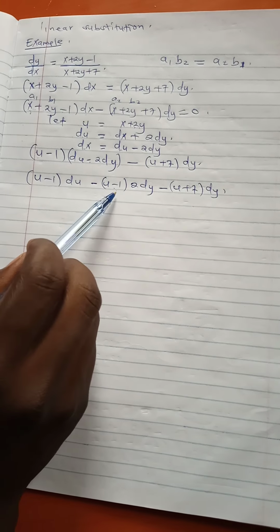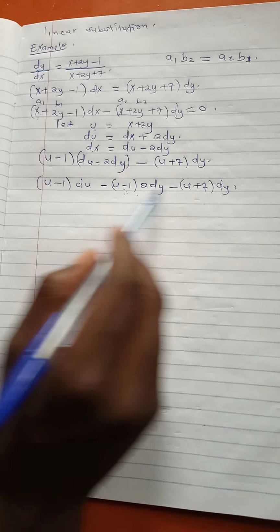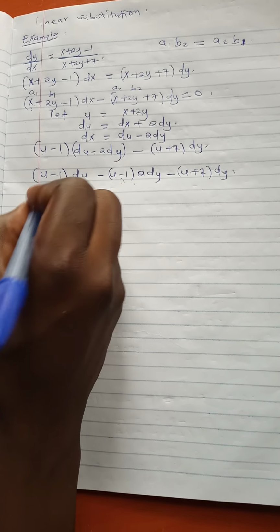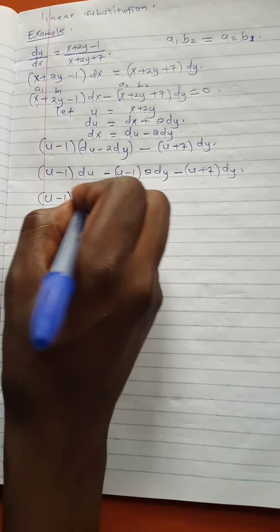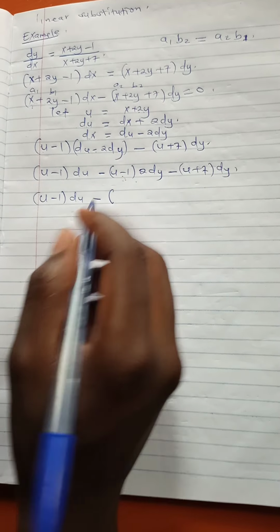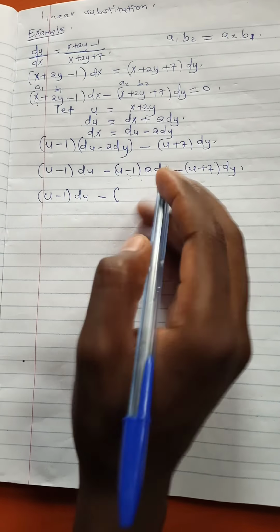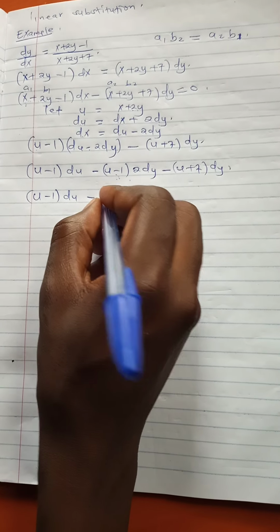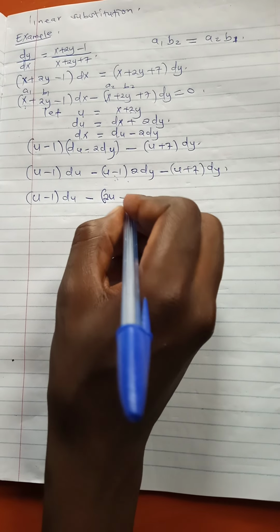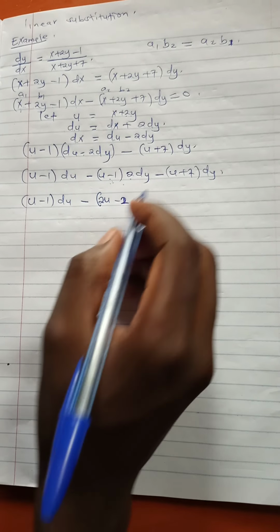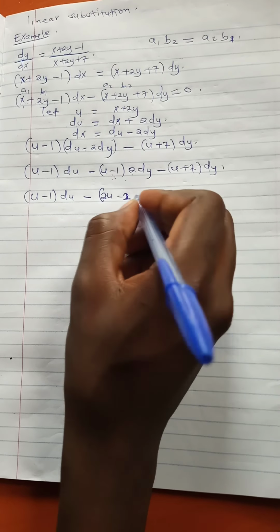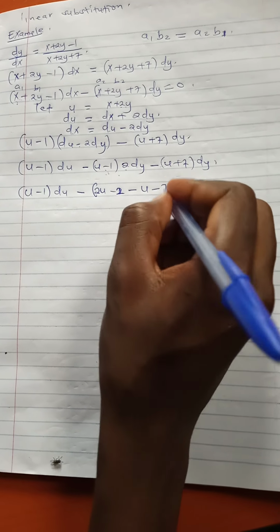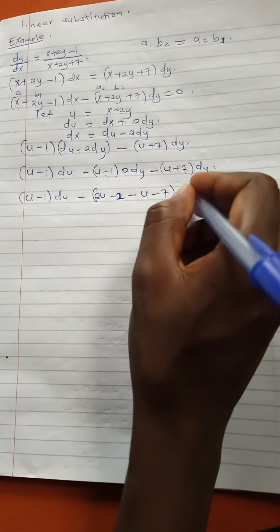So I want to bring the dy's together so that I factorize whatever I have inside the bracket. So it's like saying u minus 1 du minus the bracket: I take this u minus 1, but this time it is multiplied by 2, so it is 2u minus 2, minus this u, then when I open this bracket, I have minus 7, and everything is multiplied by dy.